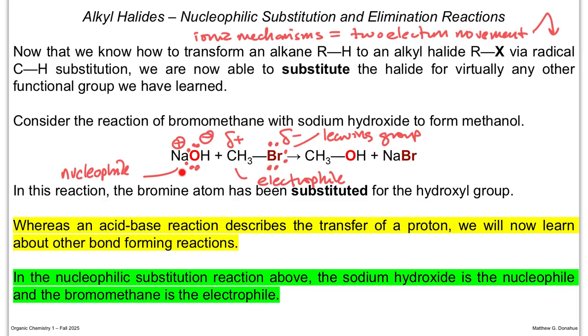The nucleophile attacks the electrophile. This group leaves. We have our product where a substitution has happened. And then we get this inorganic stuff that you can think of as spectator ions.